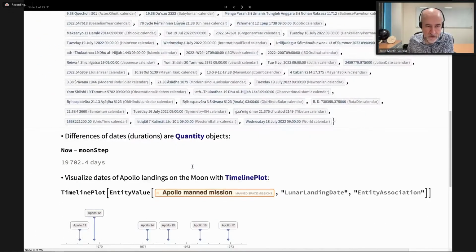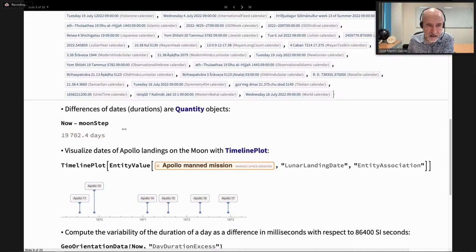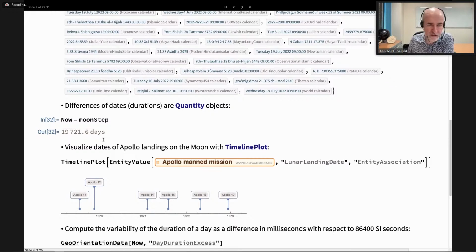Okay, something important is that when subtracting two dates, the difference of two dates is a quantity. So that gives the number of days that have elapsed since the instant in which we stepped on the moon. So it's almost 2,000 days.